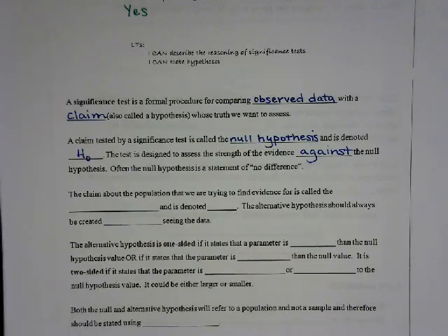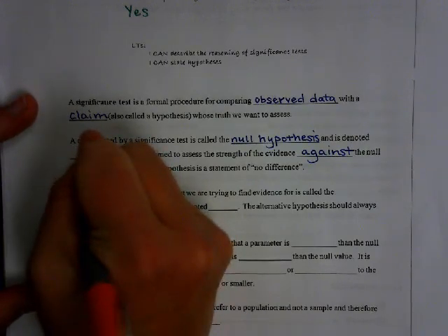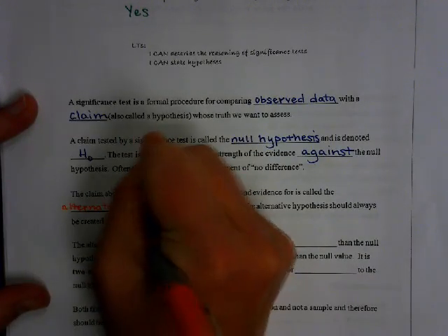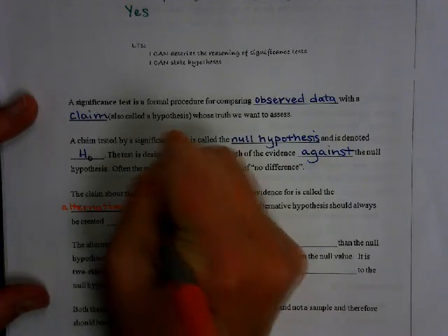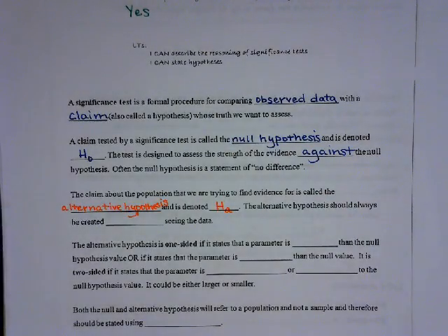The claim about the population that we are trying to find evidence for is called the alternative hypothesis. We use a capital H, and then in the subscript a lowercase a. H alternative.